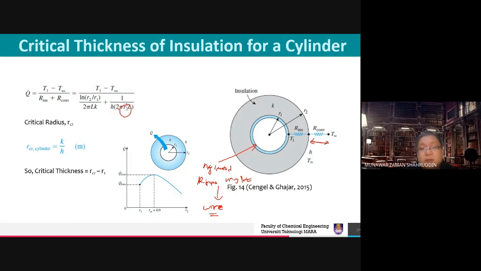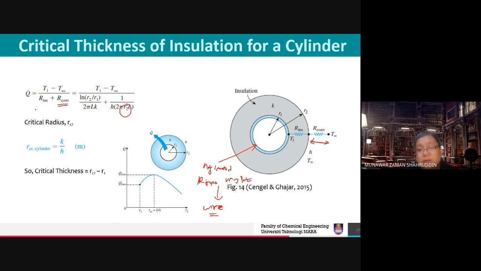So that is why the bigger the R2, your H ataupun your R convection will become bigger. Then until that R convection dominating R insulator, then your R insulator or your insulation will become useless.